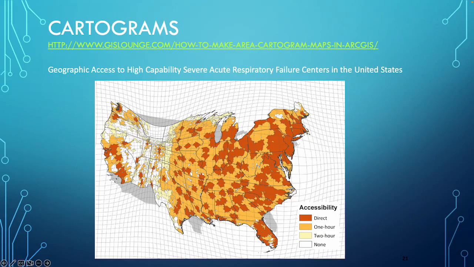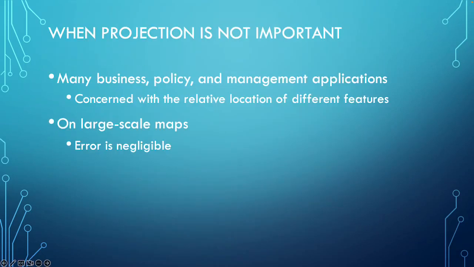How easy is it for you to get to? It's not a county level map, but it distorts the area. So if you're here, it makes the area bigger because there's more direct access. If you're out here where there's none, it makes the area smaller. And there's a little bit of a map of the outline of the United States behind it to try to show you how this distortion is taking place. You might see different kinds of maps like this.